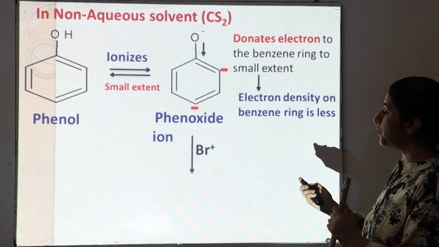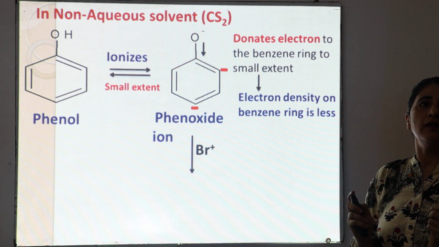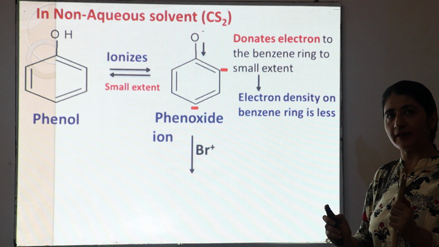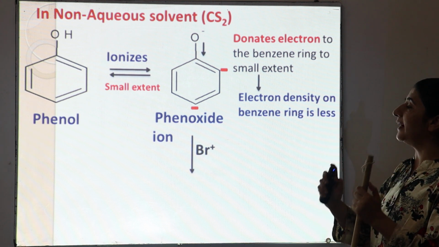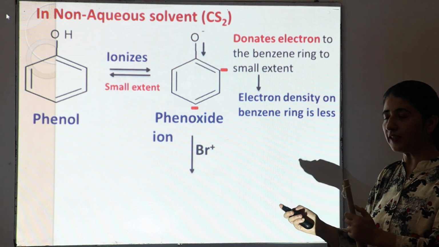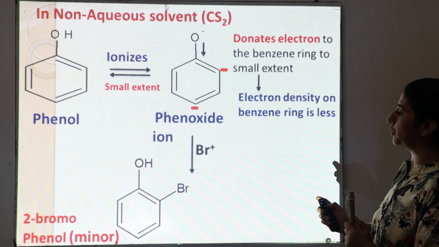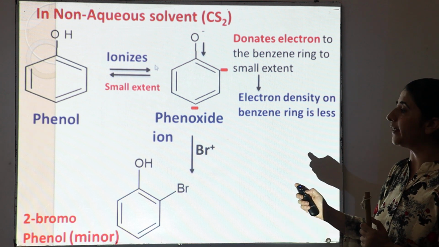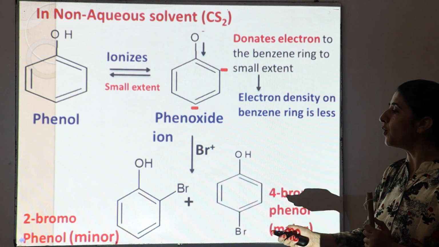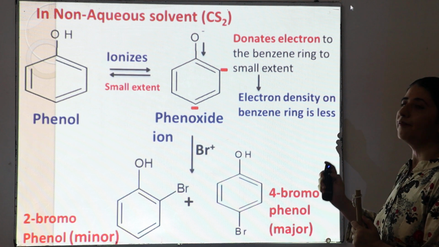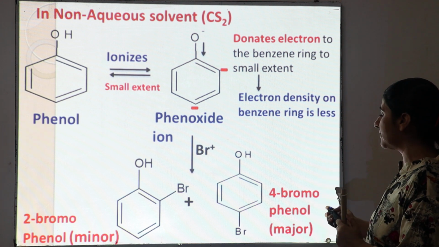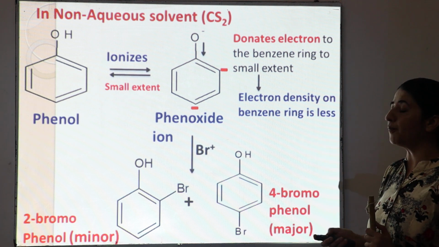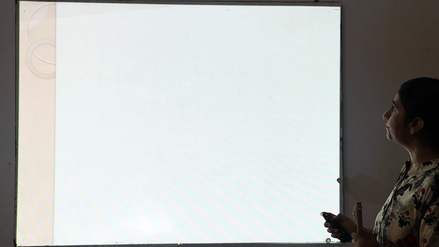So hence we get only two mono-substituted products. Either the electrophile attacks the ortho position or the para position. So in CS2 solution, during the bromination of phenol, we get only two products, that is 2-bromophenol and 4-bromophenol. 4-bromophenol is a major product, whereas 2-bromophenol is a minor product.